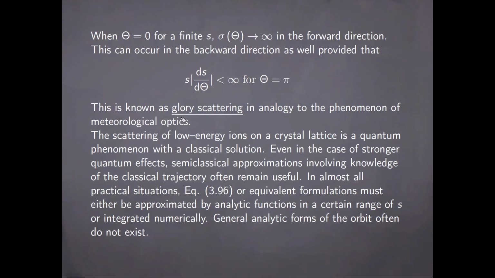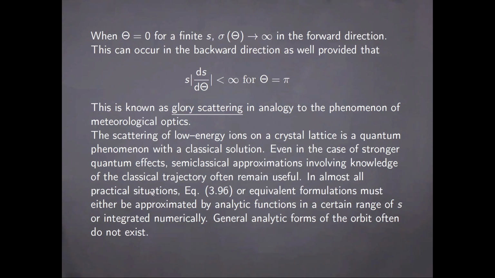And this is known as glory scattering in analogy to a phenomenon known in meteorological optics. Furthermore, the scattering of low energy ions on a crystal lattice is a quantum phenomenon with a classical solution. Even in the case of stronger quantum effects, semi-classical approximations involving knowledge of the classical trajectory often remain useful.